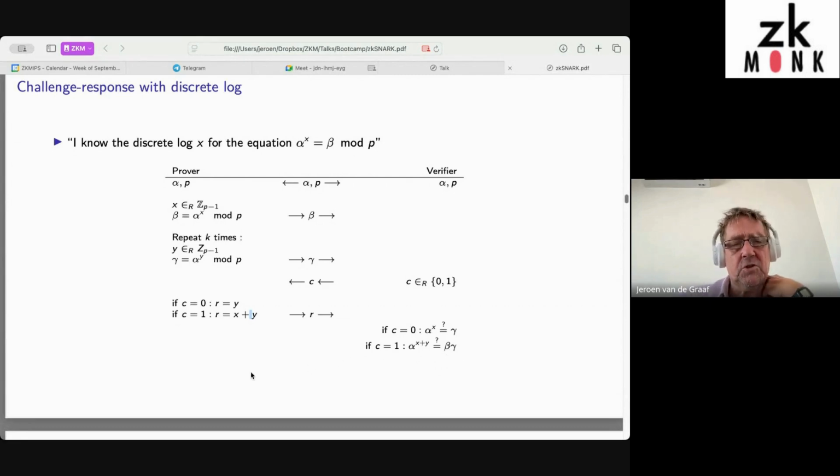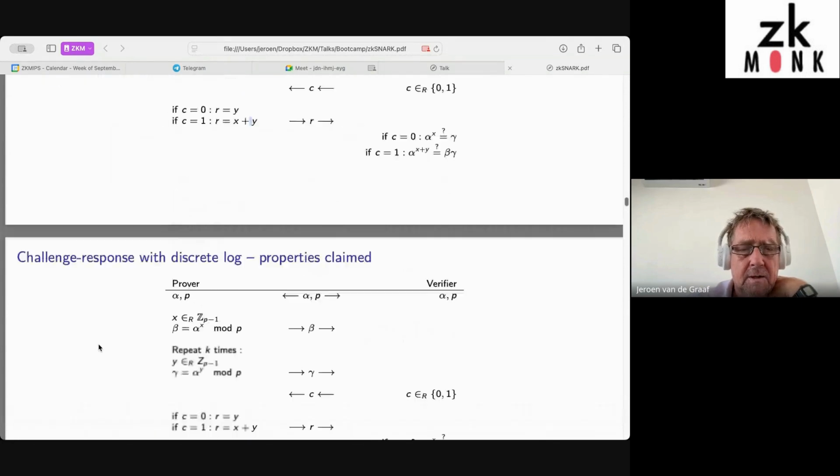So this should convince you that if the prover is honest and the verifier is honest, then the protocol will work.